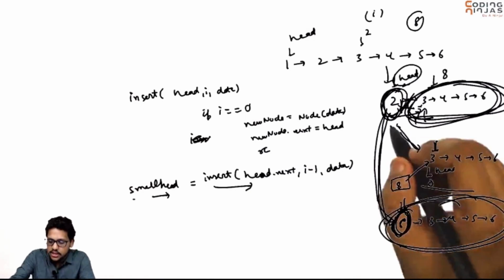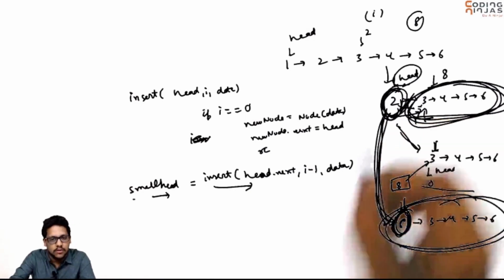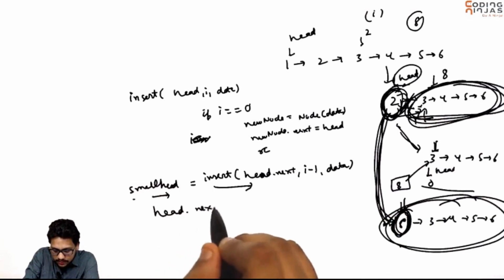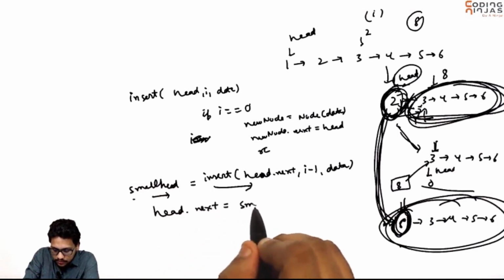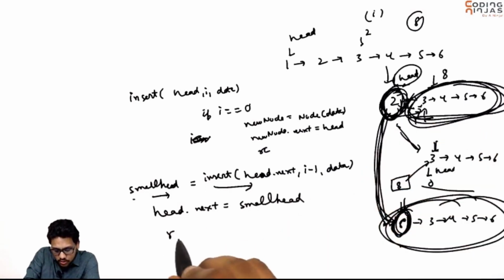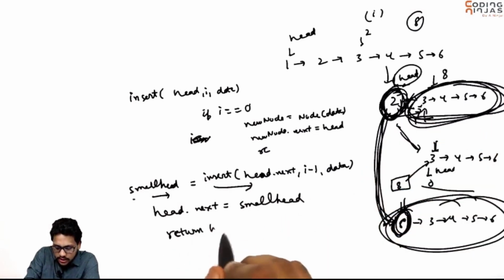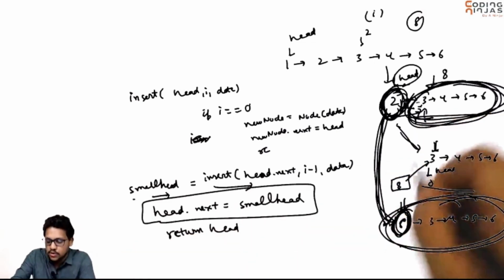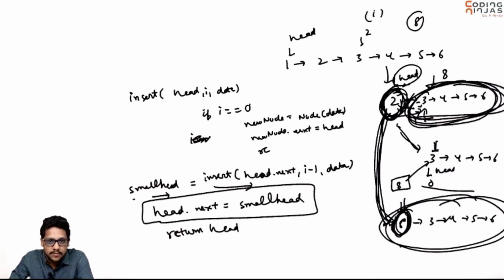Whatever head is returned, you need to make it as next of 2. So that means you need to make head dot next equal to small head, and your head is only this head, so you need to return that head only. But this step is important, because whatever head is returned here, you need to make it as next of that.